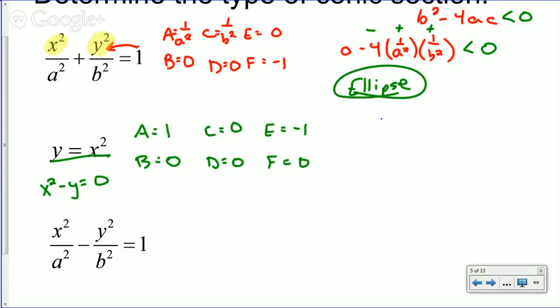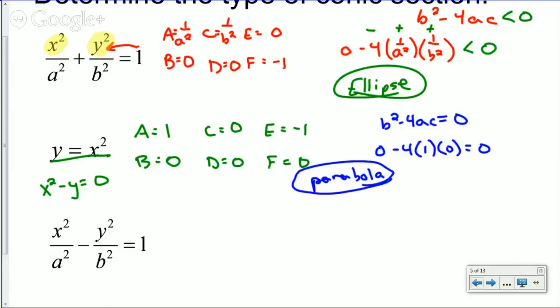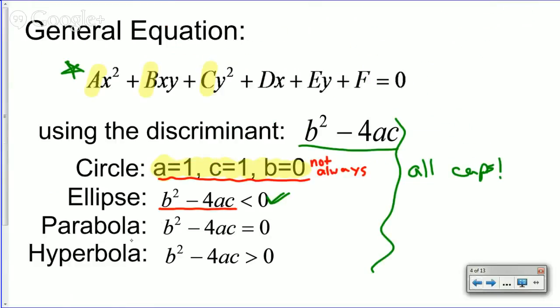Then we go to b squared minus 4ac. So b is 0, so that's 0 minus 4. A is 1, and c is 0. So that is 0. So my discriminant is equal to 0, which from the last slide, we know that it's a parabola.